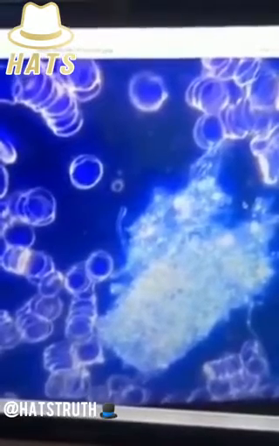So the doctor found, when she was looking at this live under a microscope, that this crystallized structure was interacting, was growing, was sort of like a network.